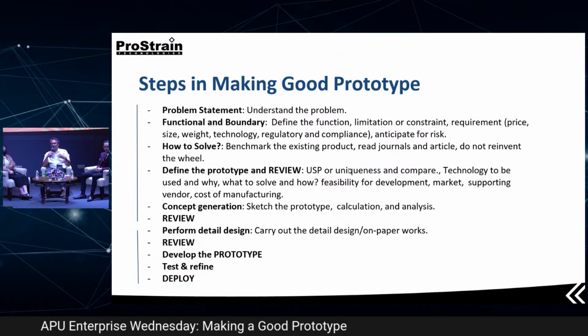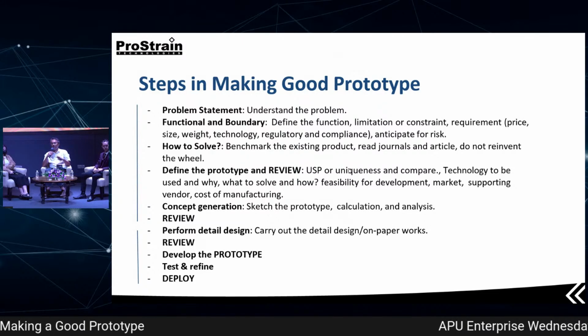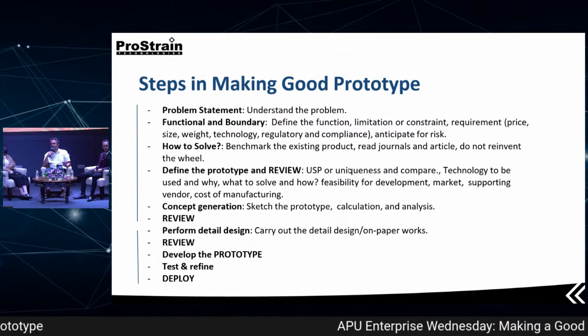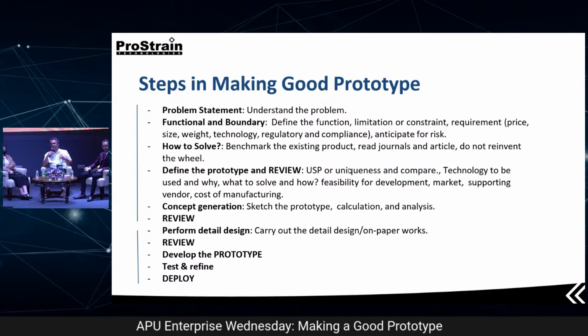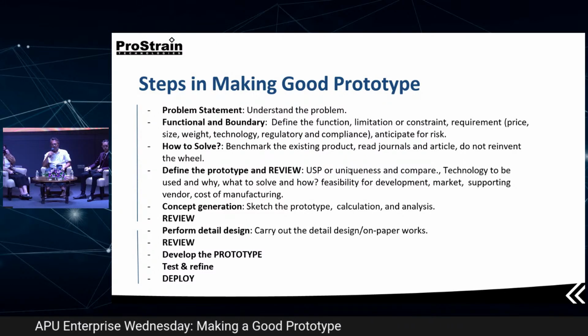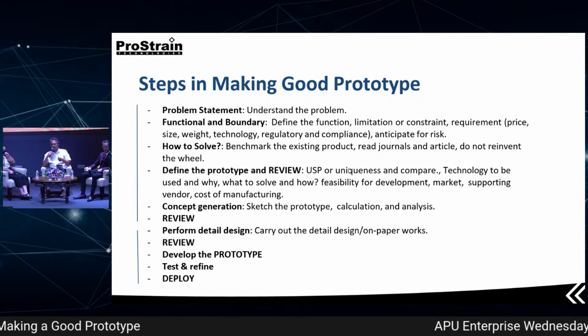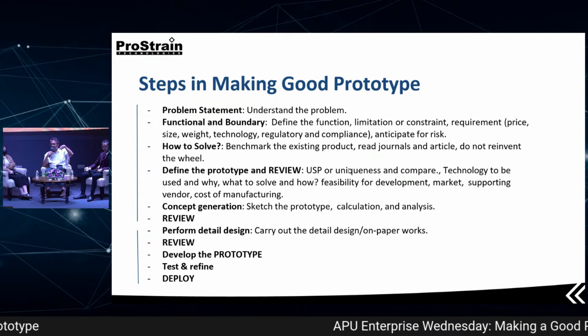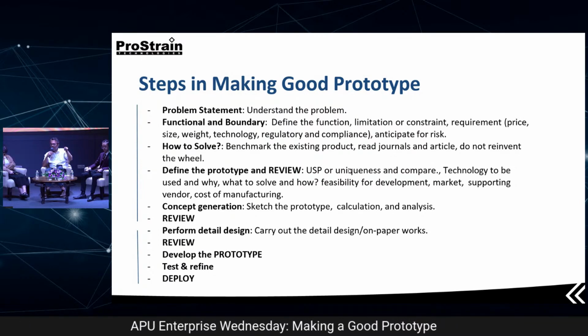Now these are the steps in making a good prototype. You can read about it from anywhere. Mostly people will tell you how to make a prototype, but here, how to make a good one. As you can see on the left, I drew two lines. The first line is actually on the planning side.